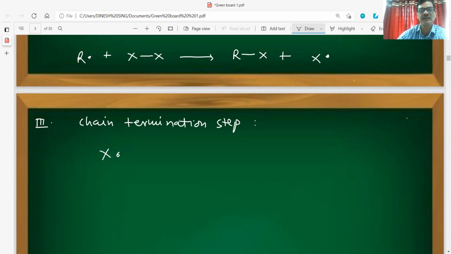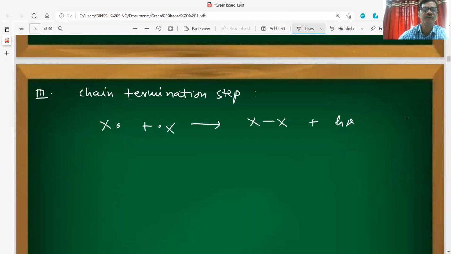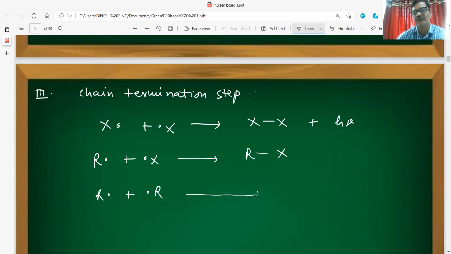Suppose if two X dot and X dot are colliding, then the X2 molecule will form with emission of a photon, or if R dot plus X dot is colliding, then it will convert into RX. If R dot plus R dot is colliding, this will convert into R-R.